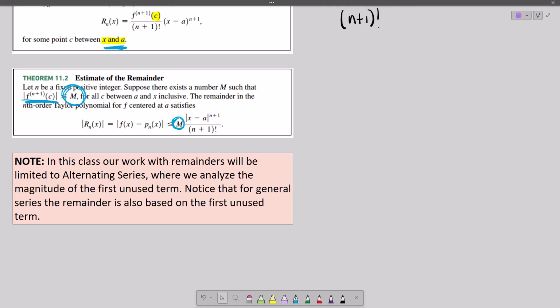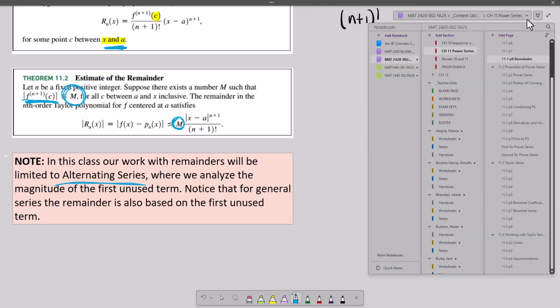For us, our focus on error is really going to be limited to the alternating series. But it becomes a big issue as you go on in engineering, this concept of error. And so we want to at least give you some insight into how this is going to be created, how you can find an estimate for the error.